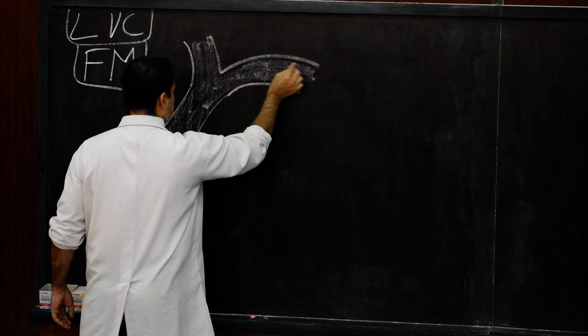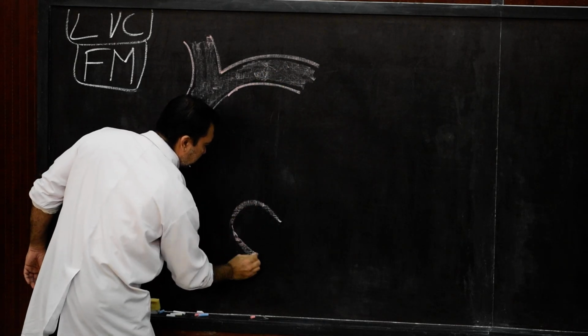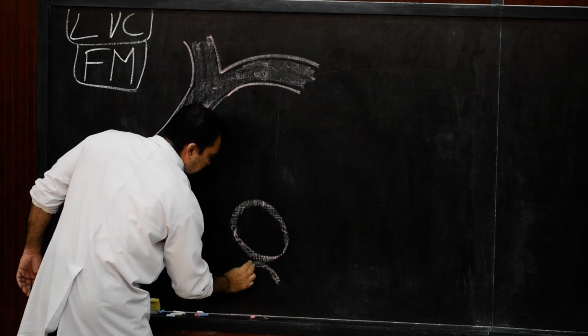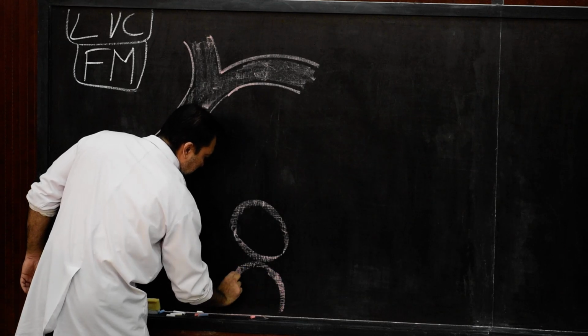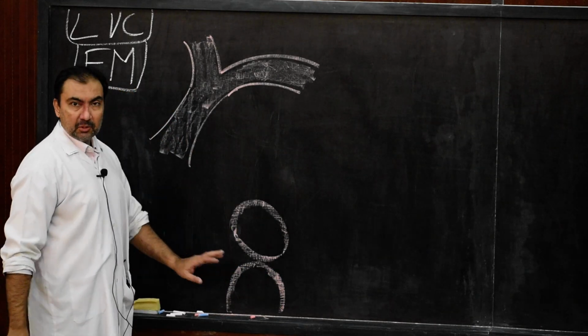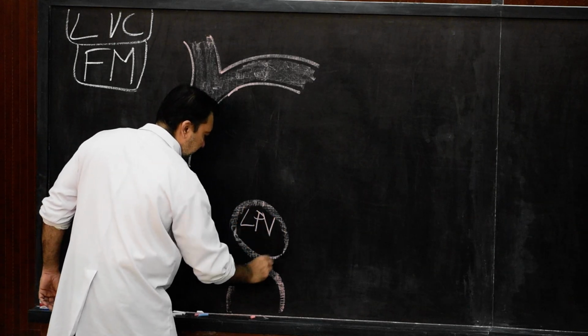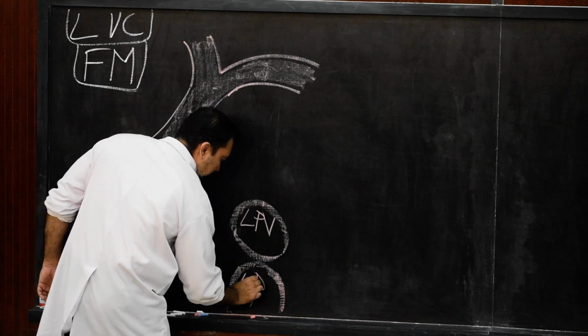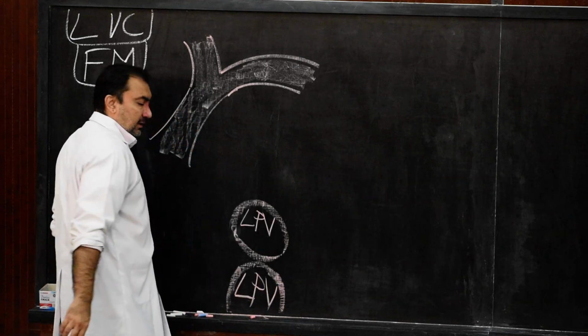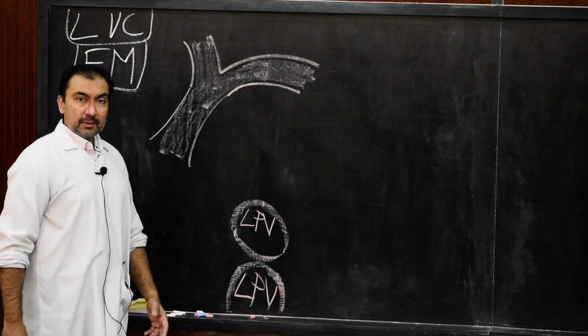Below, if we show the left side, the two left side pulmonary veins, this is the left pulmonary vein cross section, and again this is the left pulmonary vein cross section. On the right side also there will be two pulmonary veins.